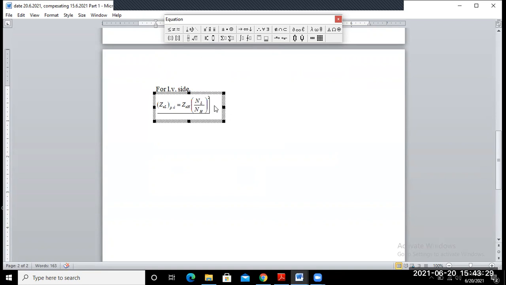So you already know the value of ZEH, that means 2.6 plus j 4.3, and NL by NH, that means 250 volt divided by 2500 volt, whole to the power square.